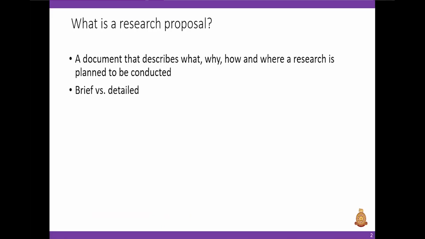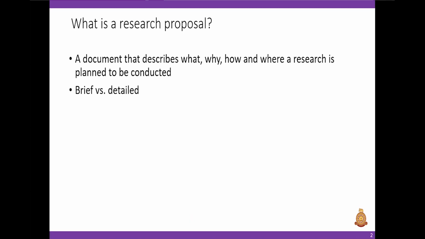Right. In terms of writing a proposal for a PhD program, some of you have done your master's as well. A research proposal, as you know, is a document that describes what you want to do in research, why you want to do that, how you want to do it, and where you plan to do the research.